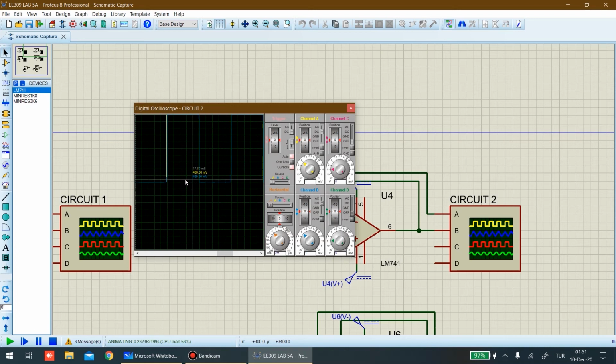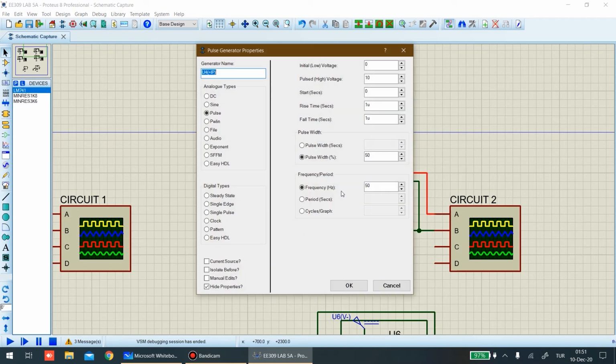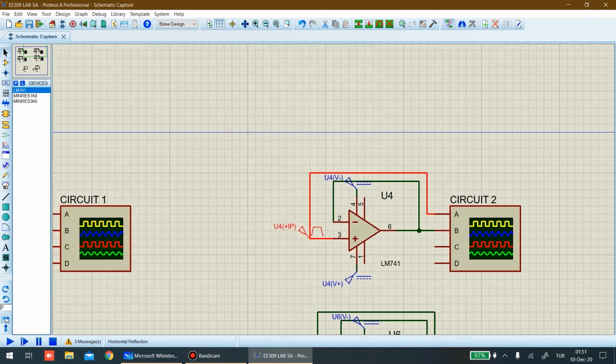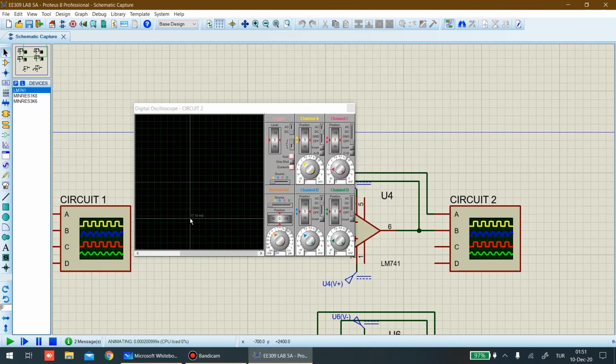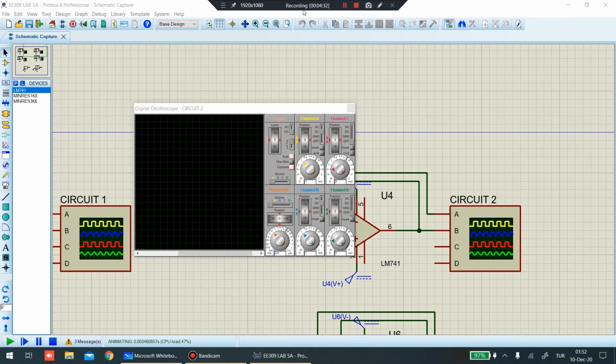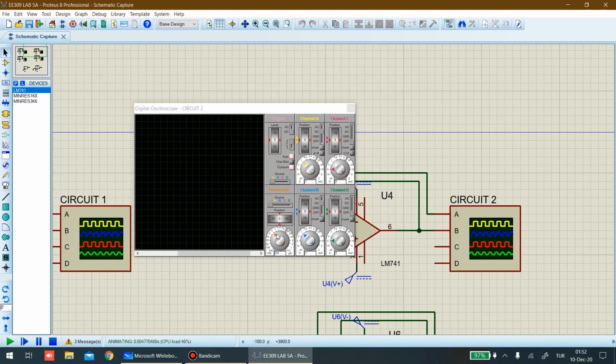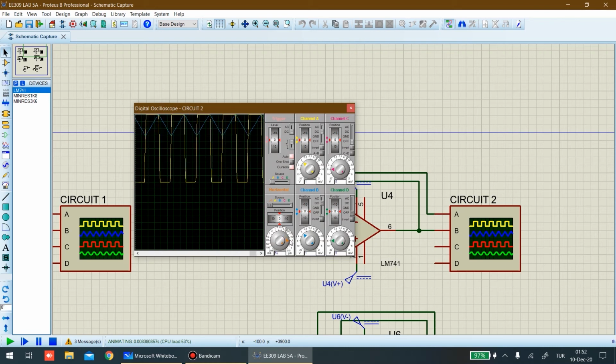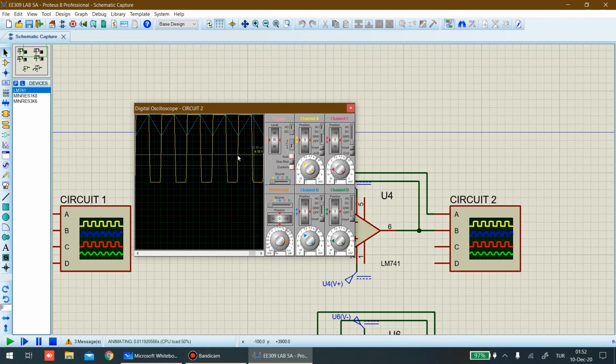Almost there is no difference. It is perfect. If you try to apply a much bigger frequency from the input, as you can see, we start to lose the output signal.